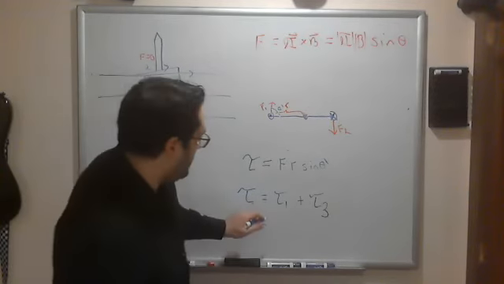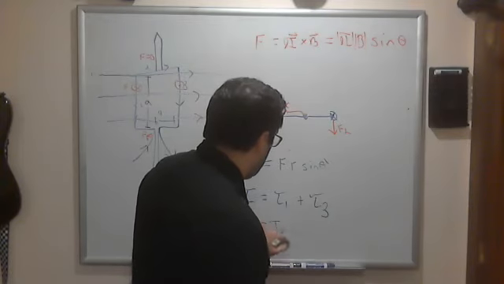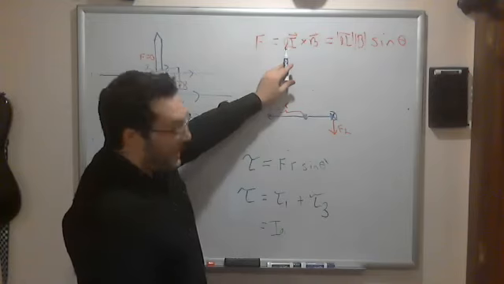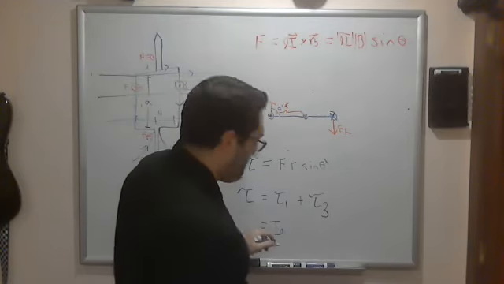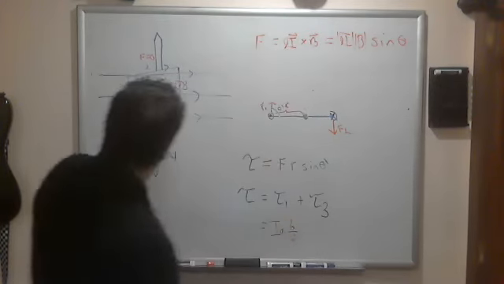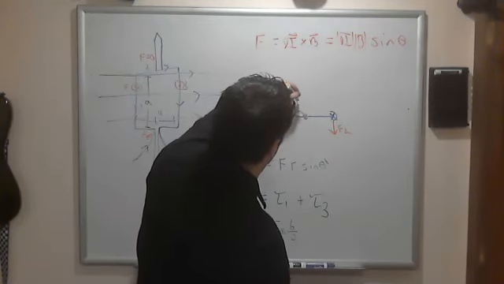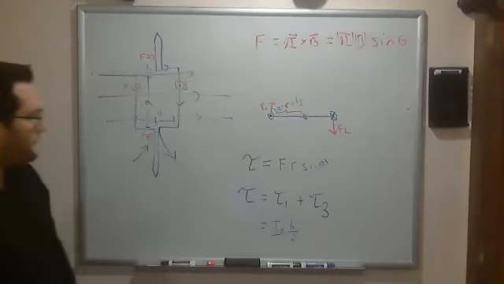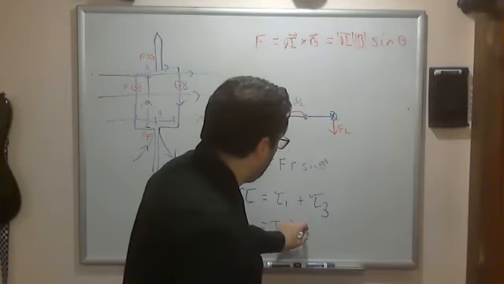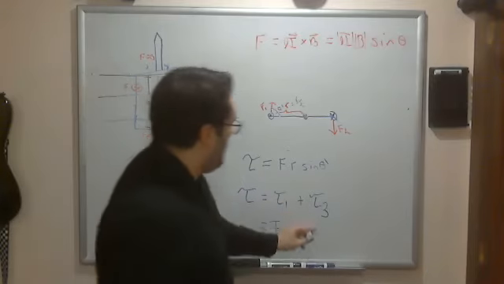So then it becomes I times A. A is this L up here, times 1/2 B, right? This is the lever arm. Plus the same force, right?